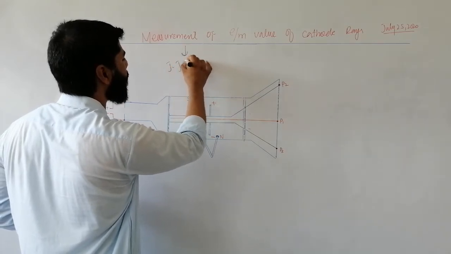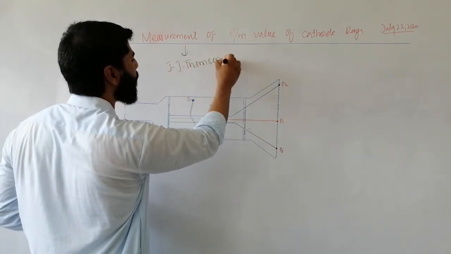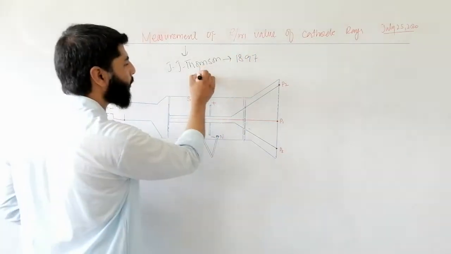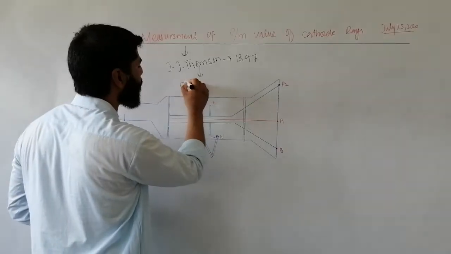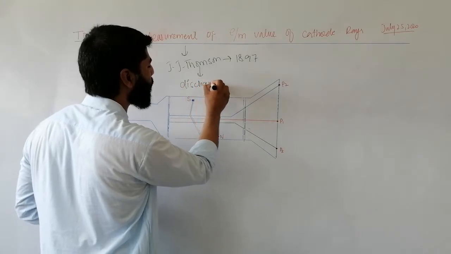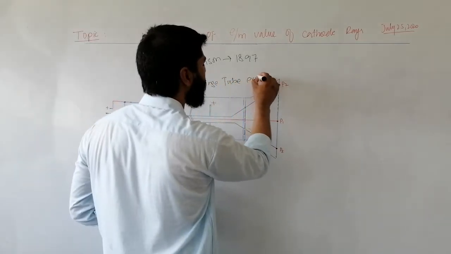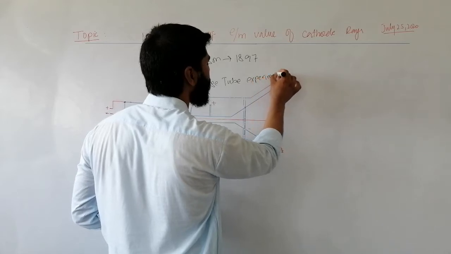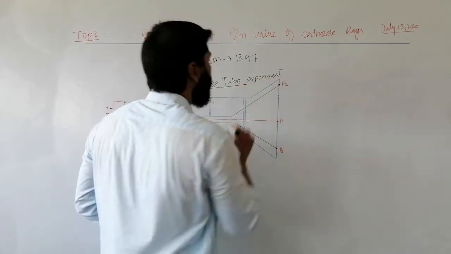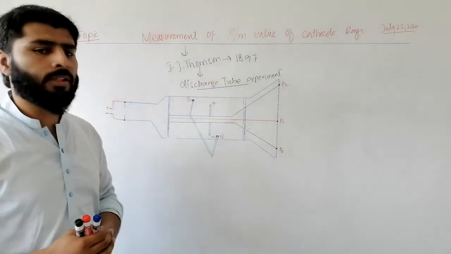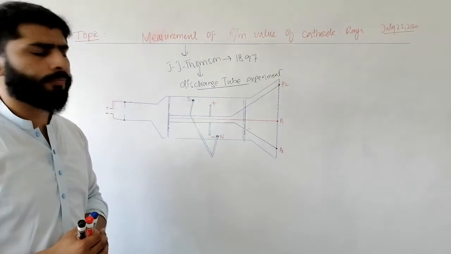In 1897, J. Thomson performed the discharge tube experiment. He performed this experiment in order to find the charge to mass ratio of the cathode rays.